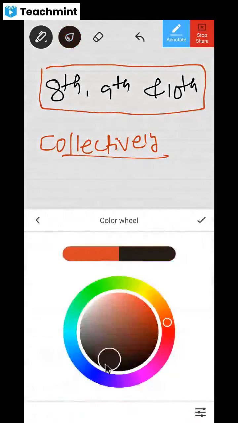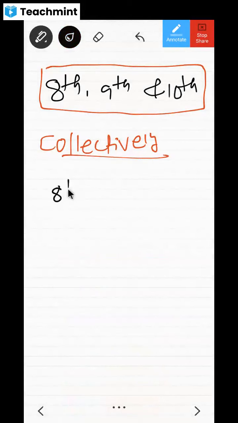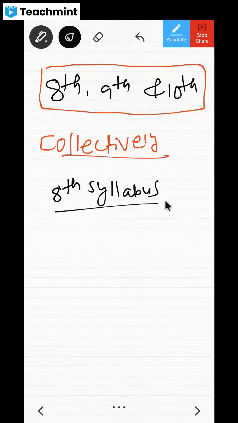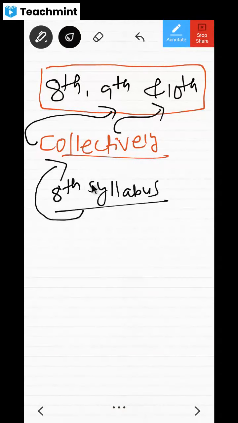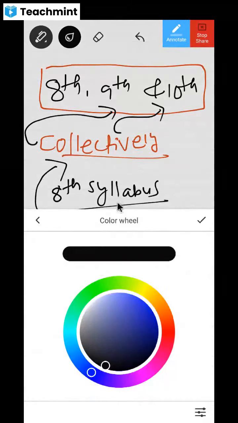You should not think, I will learn only the 8th standard syllabus and won't learn anything related to 9th standard. No, it should not be like that. Along with the 8th syllabus, collectively you have to learn the 9th as well as 10th standard syllabus. Do you want to learn like this, or only the 8th standard syllabus? Tell me, dear children.